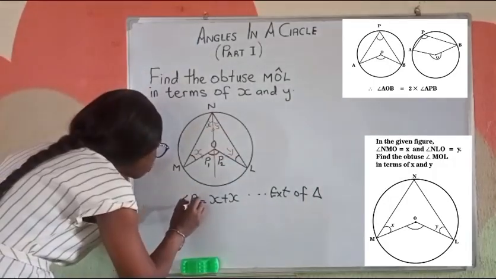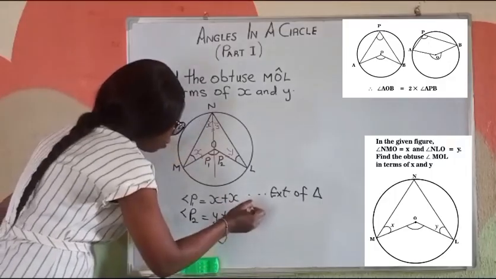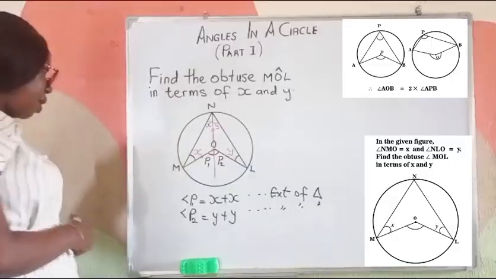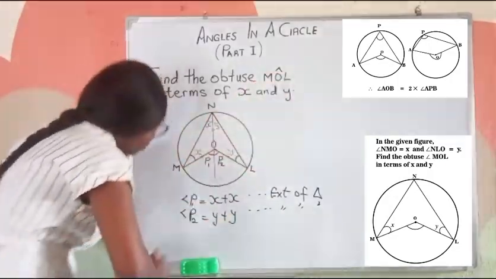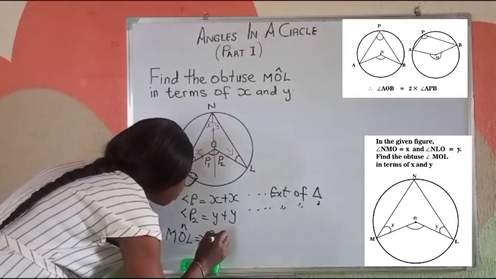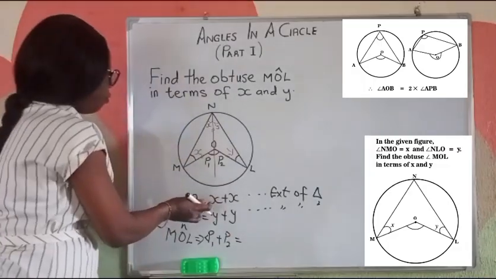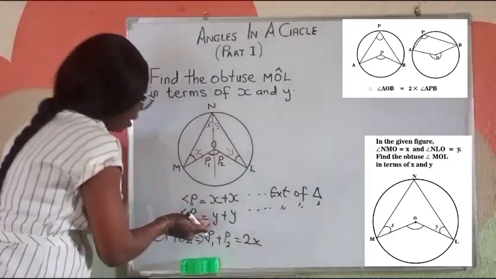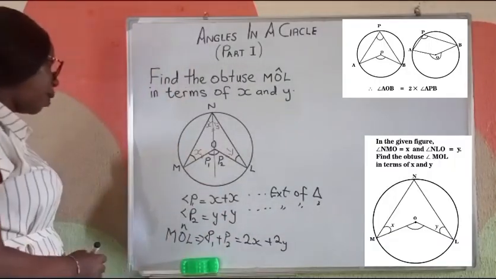Therefore, angle P2 is equal to Y plus Y, also exterior angle of a triangle. Angle P1 and P2 is equal to angle MOL. Angle MOL is equal to angle P1 plus angle P2, which is angle P1 is equal to X plus X, 2X, and angle P2 is equal to Y plus Y, 2Y.